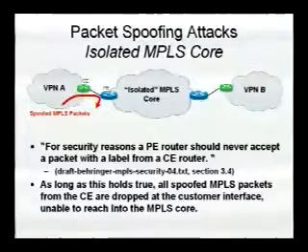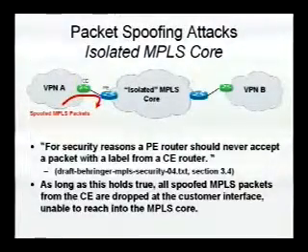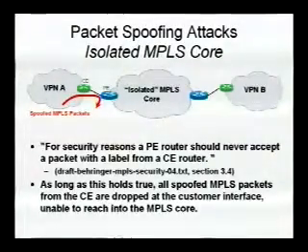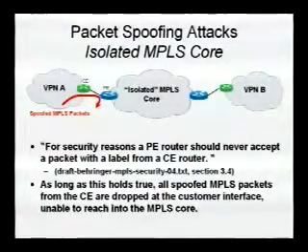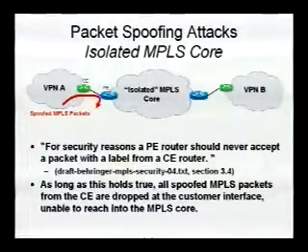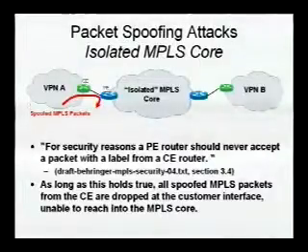So that gets around, not exactly the case that I pointed out a moment ago, because that was IP spoofing, but this gets around the potential for an MPLS packet being spoofed from the CE. So as long as this holds true, the core is isolated, and therefore you cannot spoof a packet. That's kind of the conventional wisdom for an MPLS core without any MPLS over IP enabled nodes.